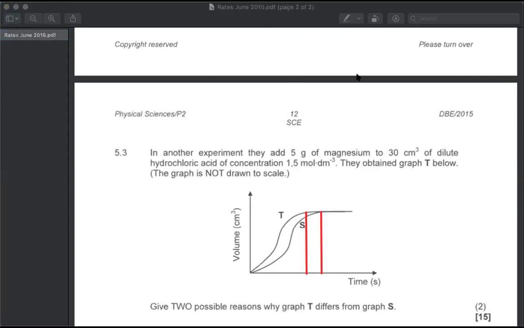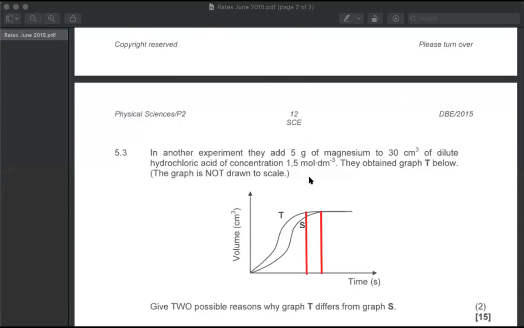The reaction takes place faster. Nah? So as a result, there must be a reason for that. Why does the reaction take place faster? So if you look at it, T will be a more vigorous reaction.